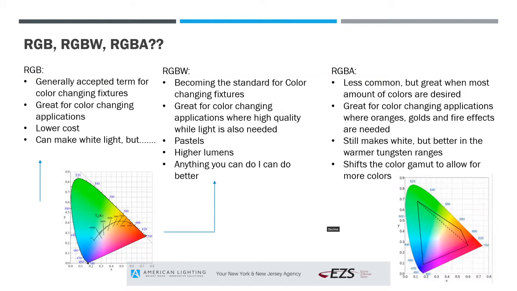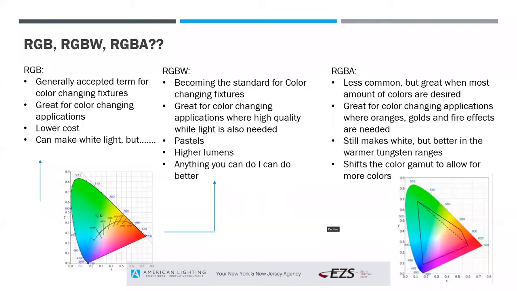But then on special occasions, whether the local sports team is playing or there is a holiday, Christmas, 4th of July, pink for breast cancer awareness, things like that, they want to do some color changing. You can still do that. With your RGBW fixture, you get your color changing capabilities, but you get your better quality white light where you need that most of the time. You get good pastels with that as well. Typically you get higher lumens as well because you're adding an additional chip, so you get a little bit more light output potentially.